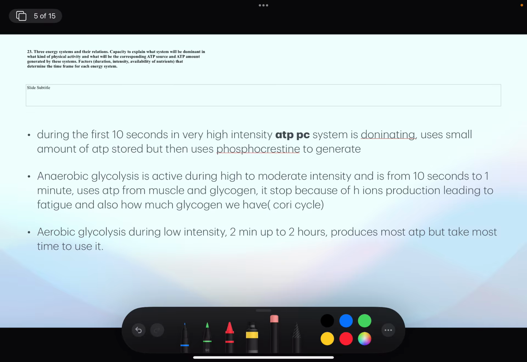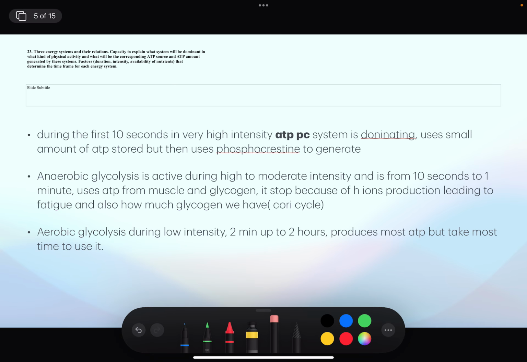So the ATP-phosphocreatine system depends on creatine to then be converted to phosphocreatine by creatine kinase, and then from there store the phosphocreatine and use it during training.